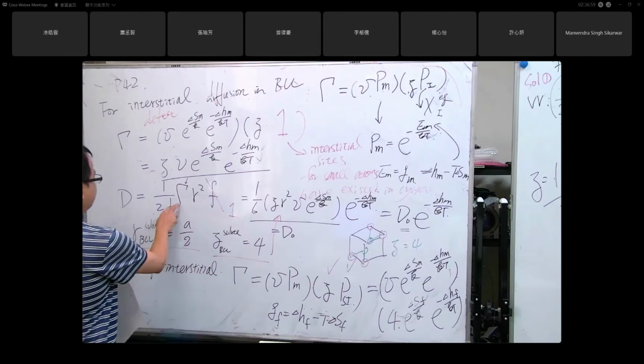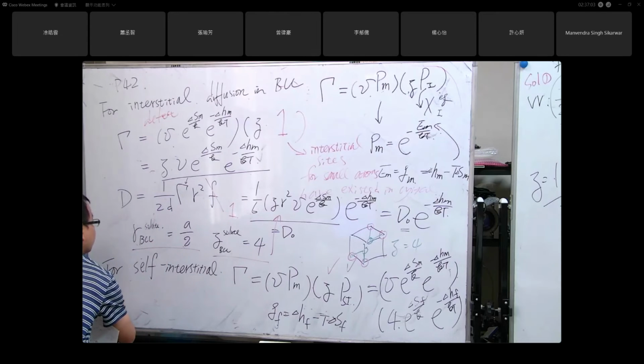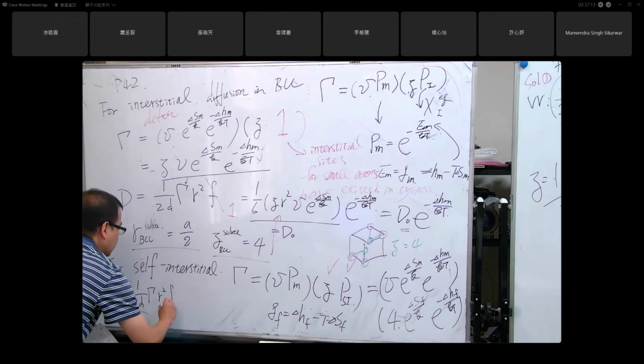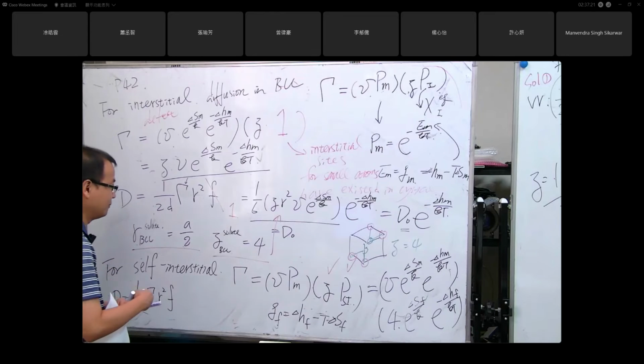Then the diffusivity will change. So diffusivity equals the same equation, 2T divided by 1 gamma R squared f. I put it in. It's now 1 right now. Okay.